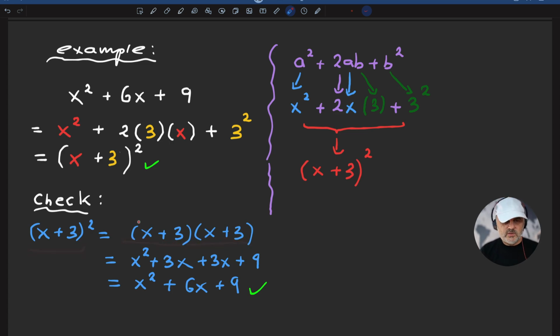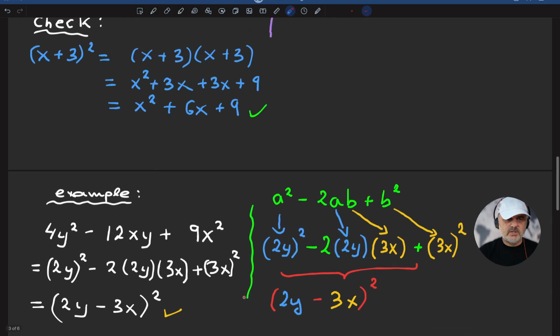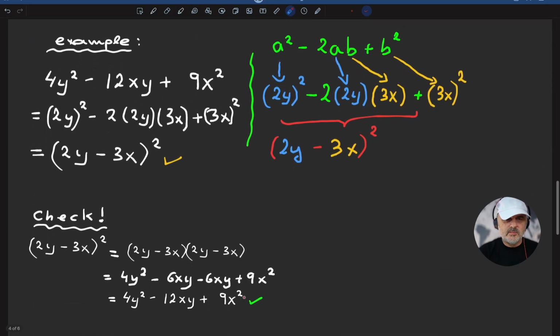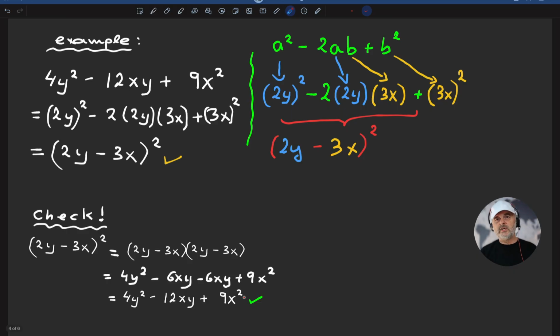So when you do the FOIL, you do the product, you collect all the like terms. When you complete everything, all of a sudden you see that you get the exact question that you had in the first place. So next example, a little bit more complicated because it has more variables.